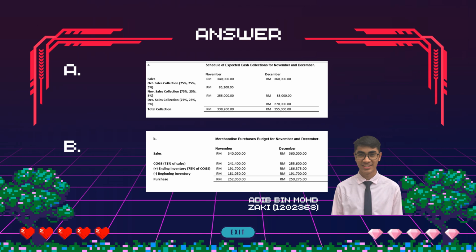355,000 for December. For question B, merchandise purchases budget for November and December. Firstly, we begin by calculating the cost of goods sold, which is 71% of monthly sales, and then we add the ending inventory, which is 75% of the cost of goods sold, and lastly we minus the beginning inventory from the previous month.